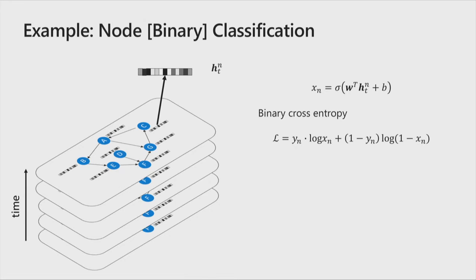Now you have a loss, the classical binary cross-entropy loss, saying that I want my decision for each node here to match my value y_n, whether it's true or false, 0 or 1. What's the application? I don't know. I just made this up to make it a concrete thing.